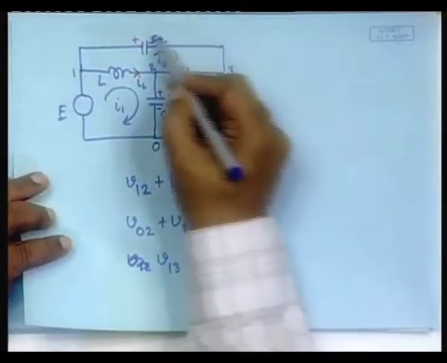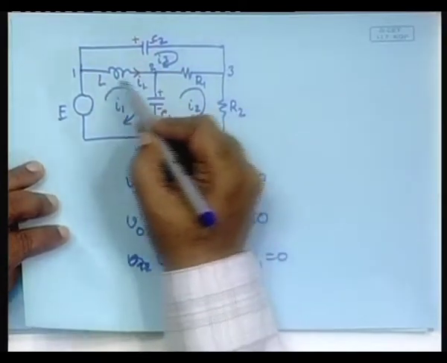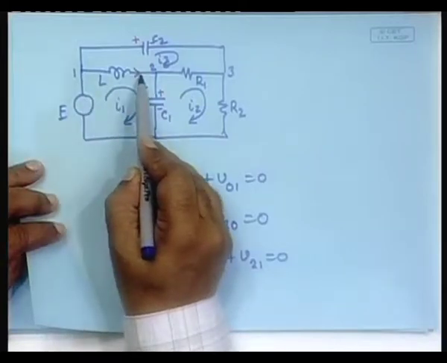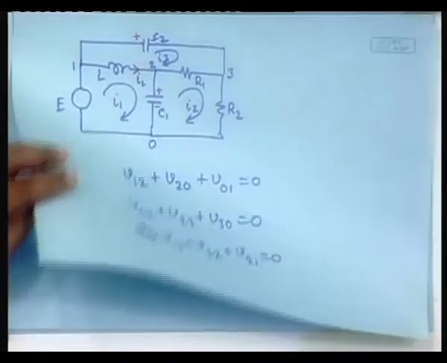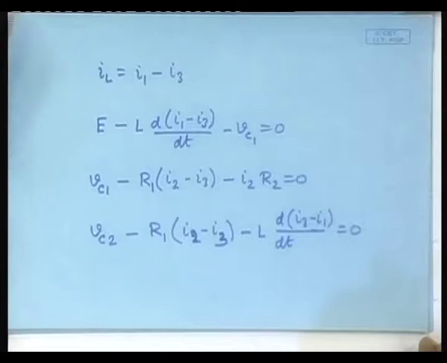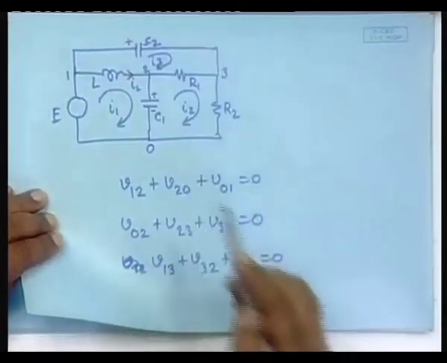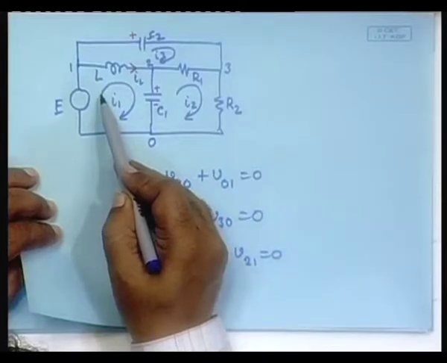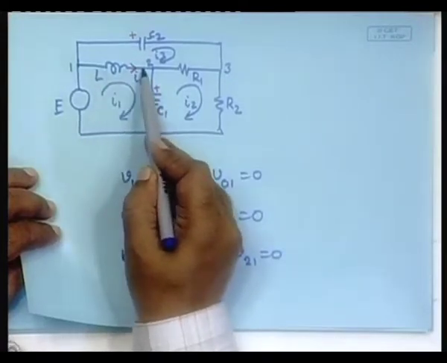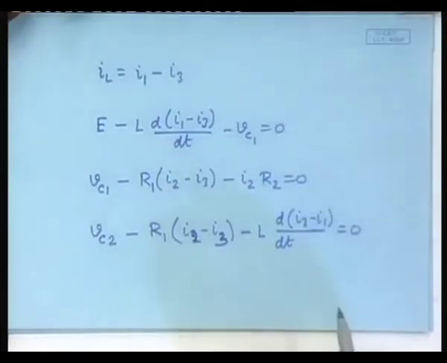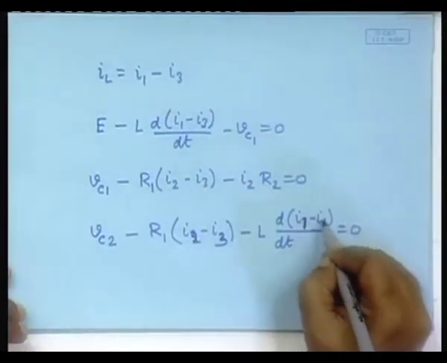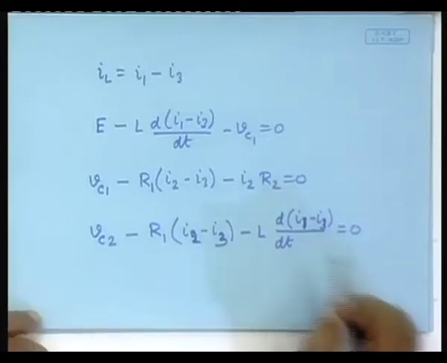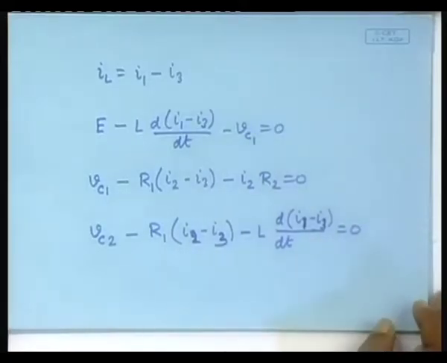So, minus, it will be a drop if the current is flowing this way. Wait, I1 minus I3 is the current this way. Oh yes, you are right. So, this is the equation.